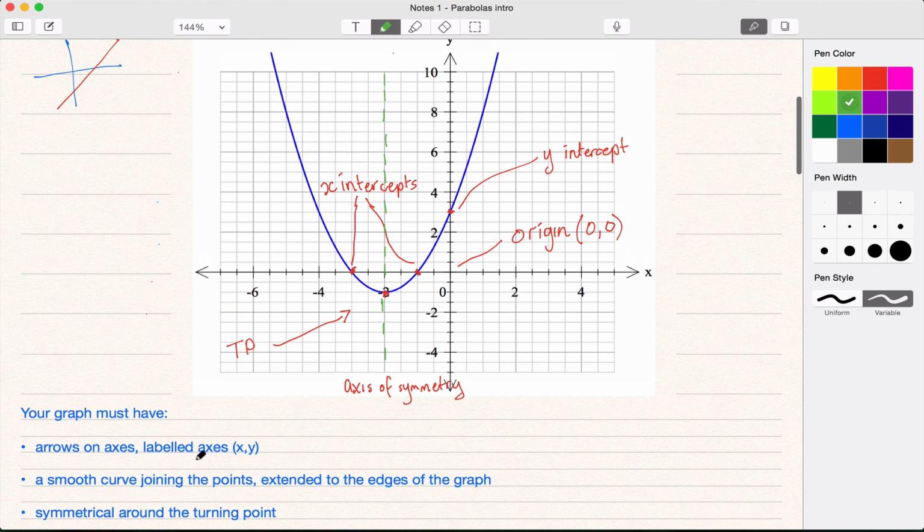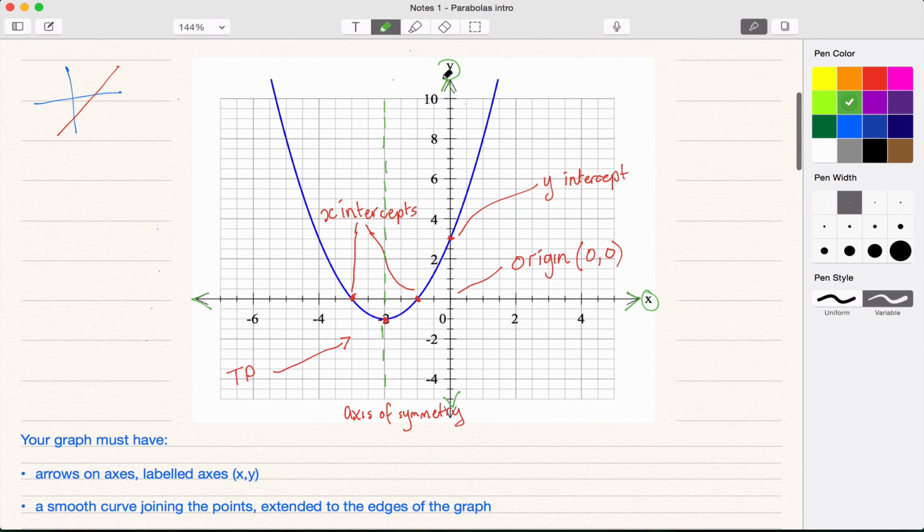First one says arrows on axes, which you need to do for every graph. So there's your arrows. You need to label your axes, x and y. You need to draw a smooth curve joining the points.